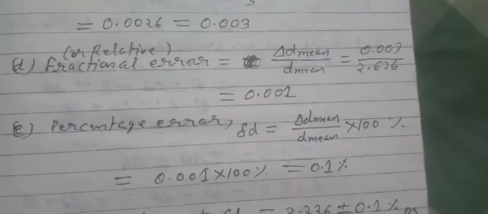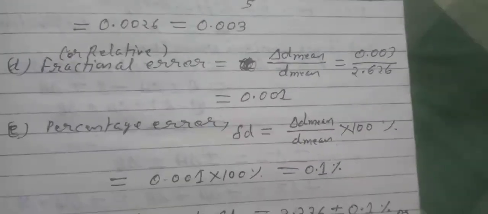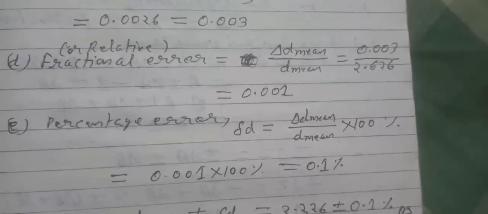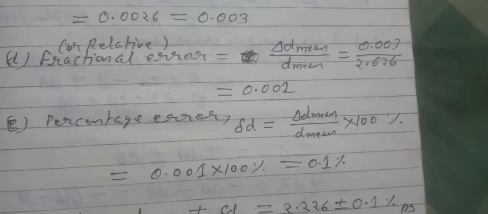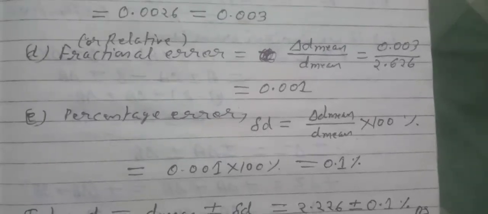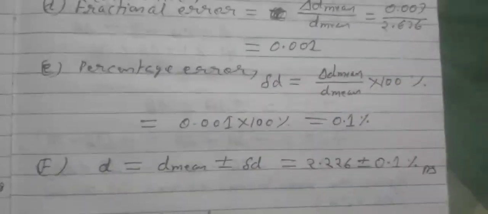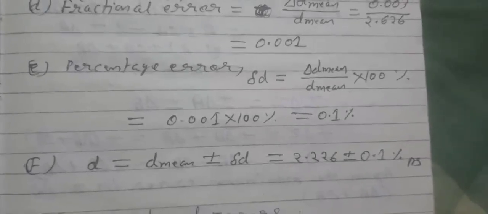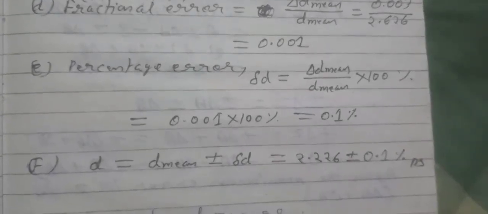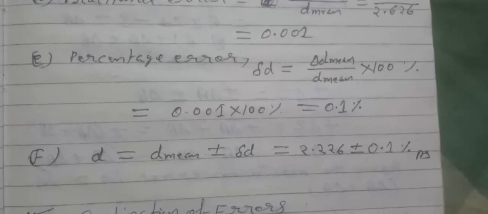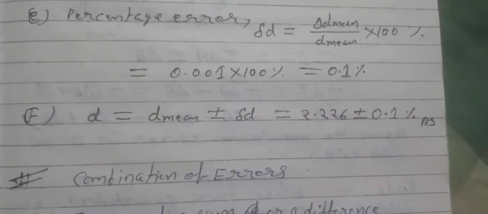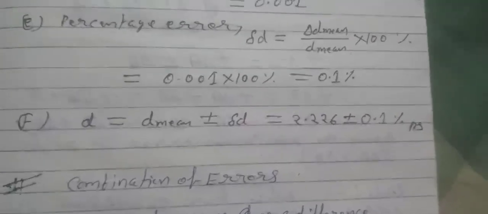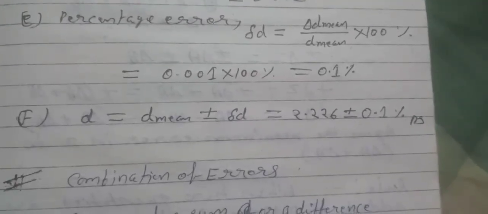Relative or fractional error, ΔD mean by D mean, is 0.003 by 2.626 equals 0.001. Hence, percentage error equals ΔD mean by D mean into 100 equals 0.1%. Hence, D equals D mean plus minus ΔD, 2.626 plus minus 0.1%. Answer.